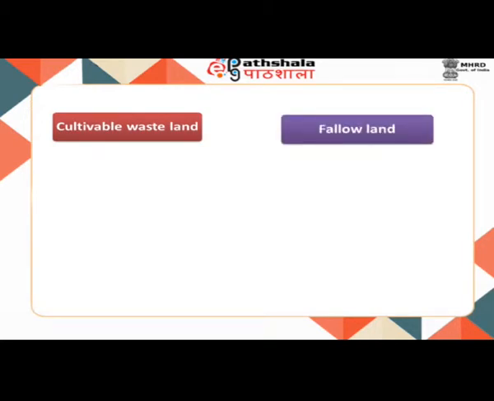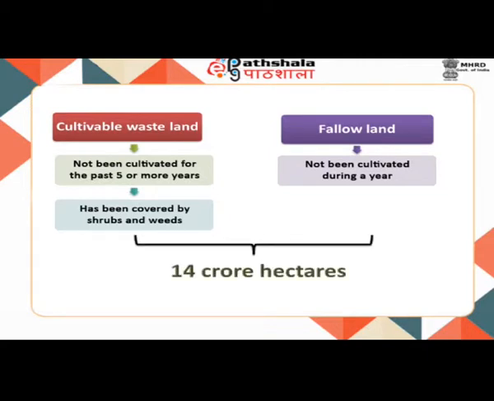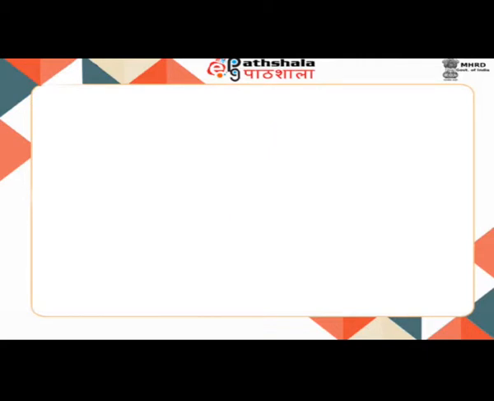The cultivable wasteland is a fallow land which has not been cultivated for the past 5 or more years or has been covered by shrubs and weeds. On the other hand, fallow land is one which has not been cultivated during a year. In all, the total area that belongs to such usage accounts for 14 crore hectares.